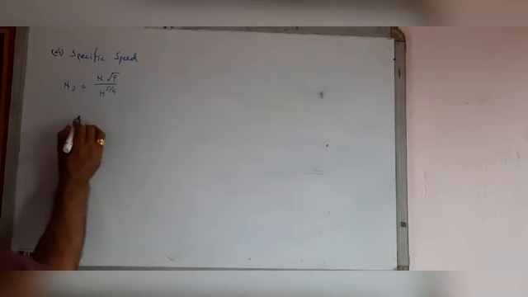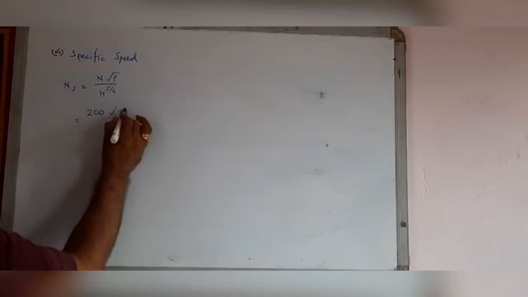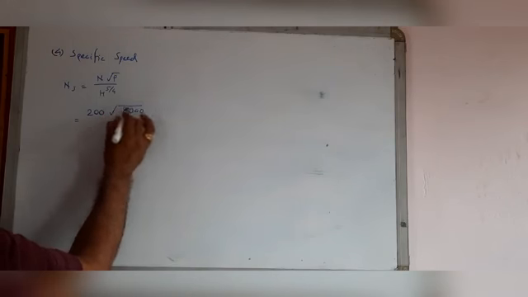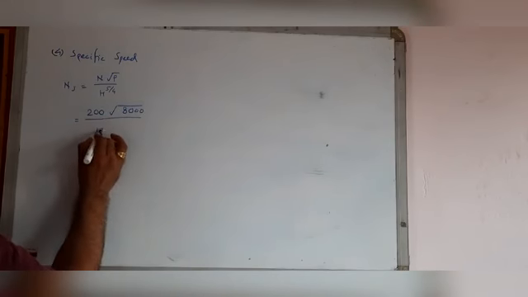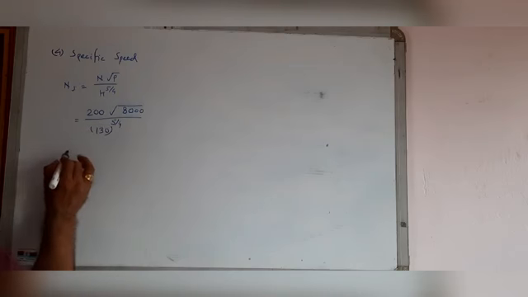Putting the values here, N is given 200, power is given 8000, and height is 130 meter, to the power 5/4.